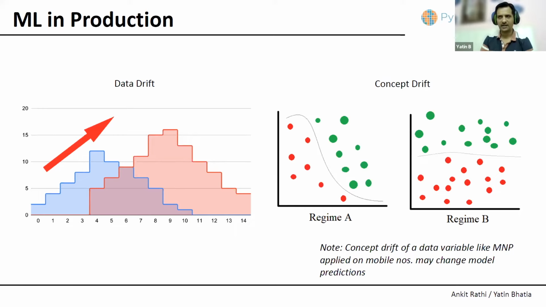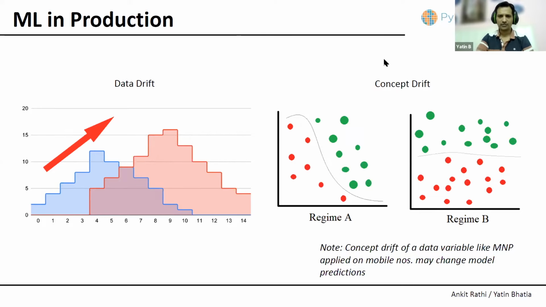Now when I get the operator, I do not know whether mobile number portability is there or not, so I will get the wrong telecom operator. So there is a drift, and the client needs to tell me that there is a drift in the concept.